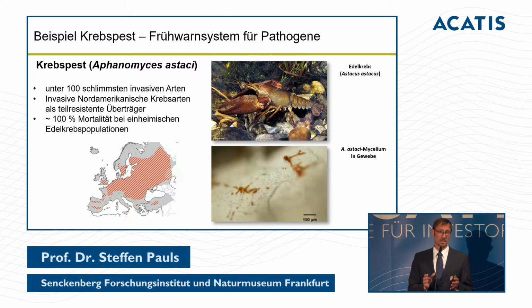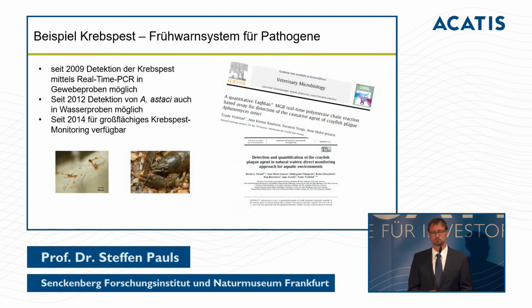So if you have that fungus in the water, the local crayfish will die. And you can detect that because the crayfish plague leaves traces, and these traces are waterborne.